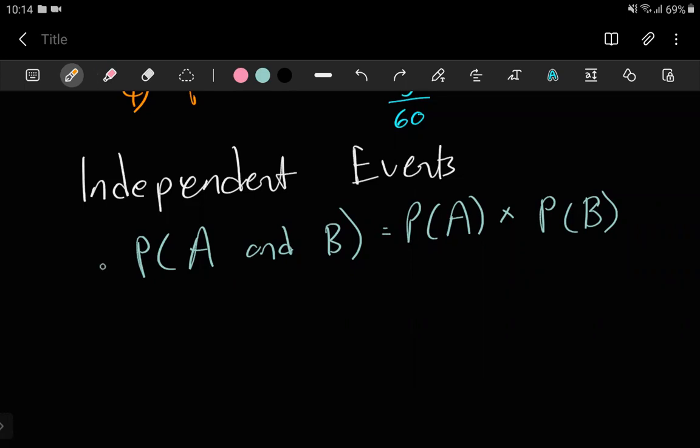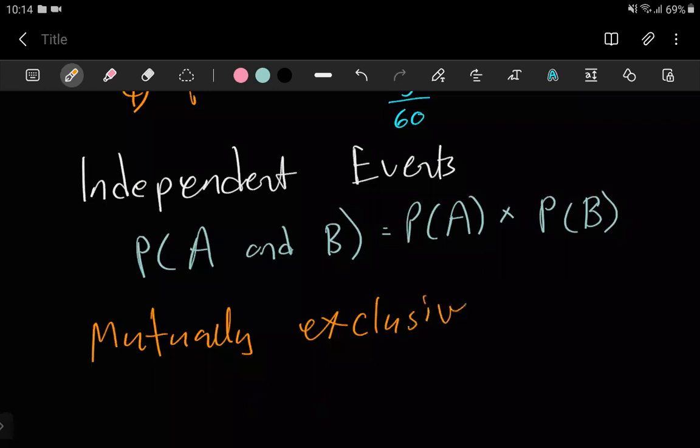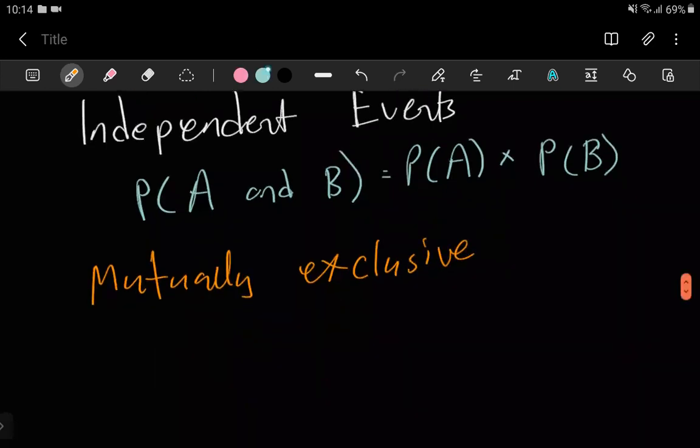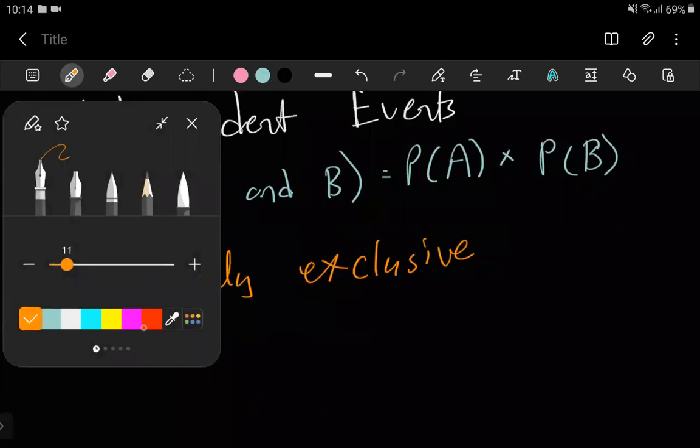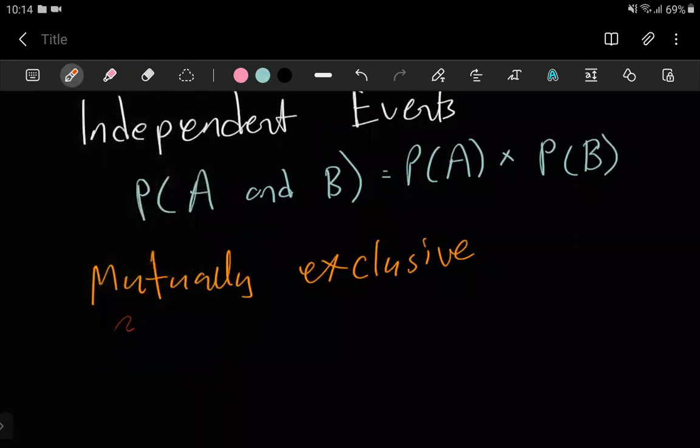But with the other words that you need to know, like mutually exclusive events, they have the following formula.